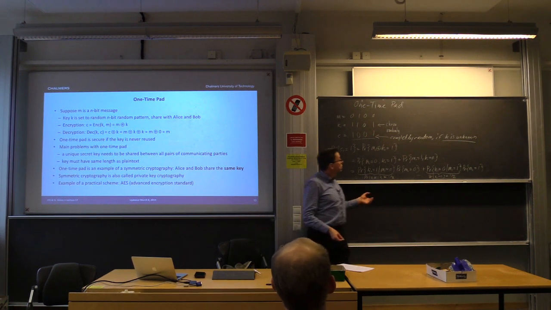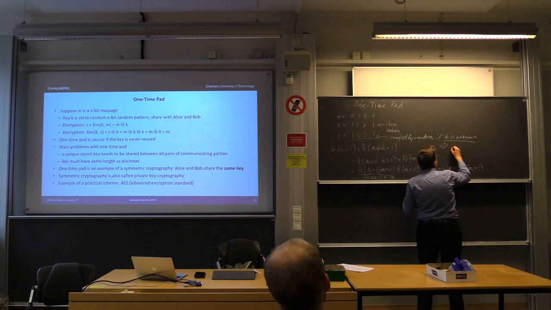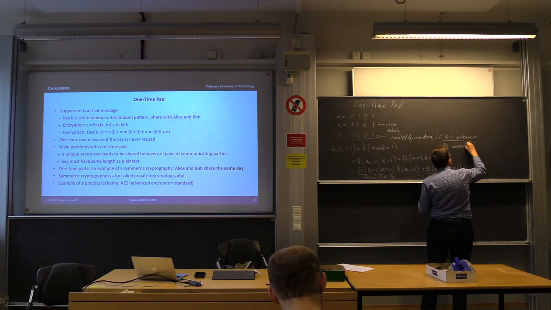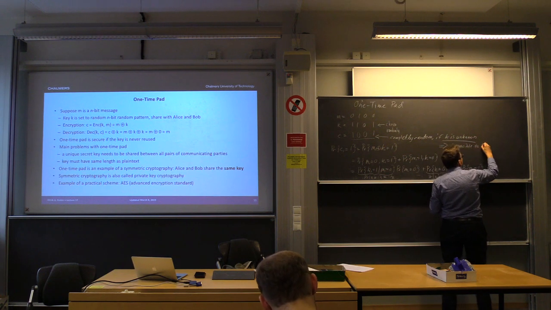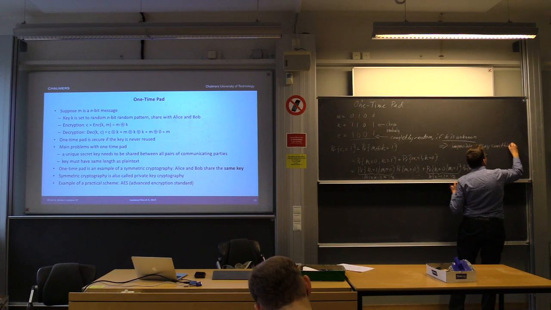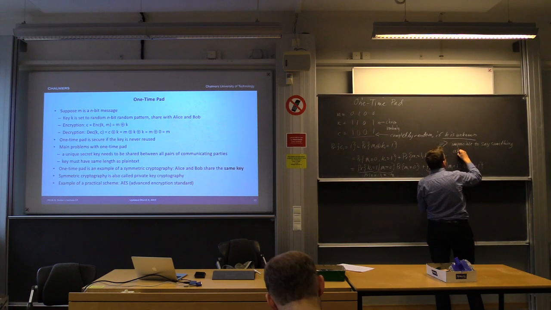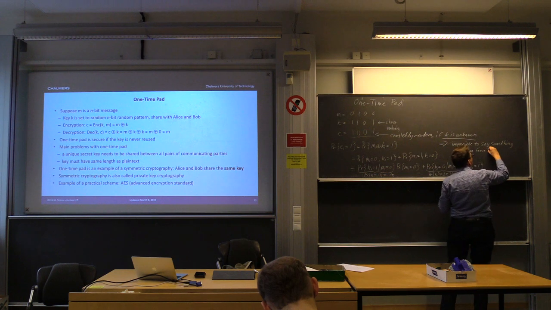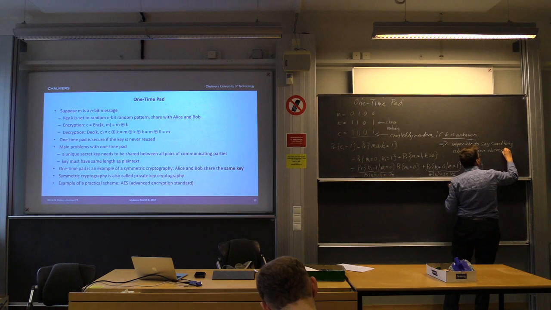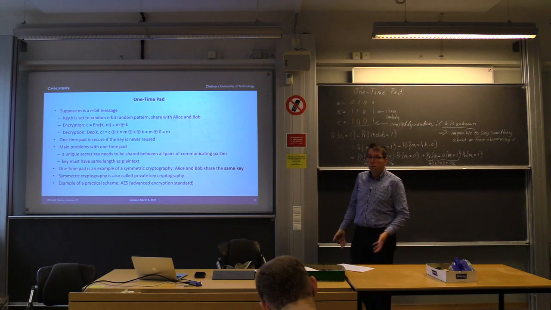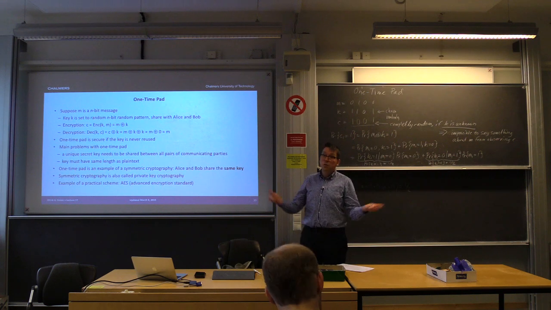Okay. So this means that it is impossible to say something about M from observing C. So I can let anybody look at the ciphertext, doesn't matter.